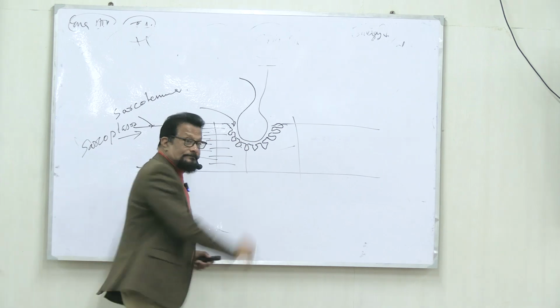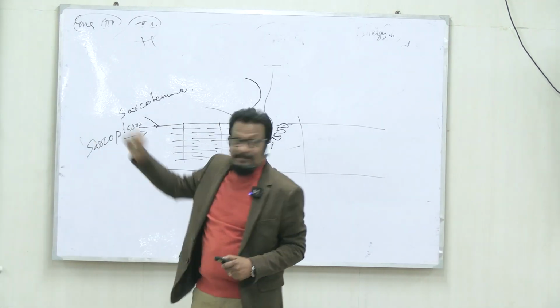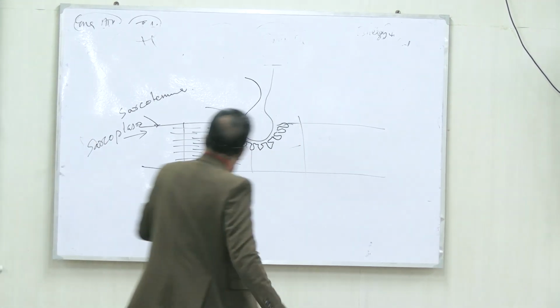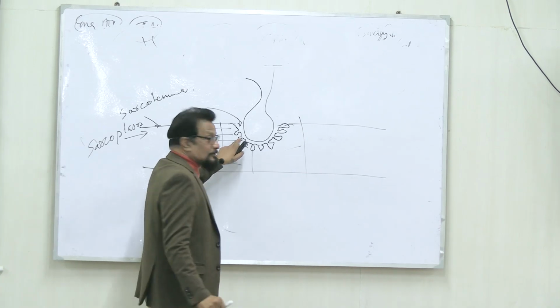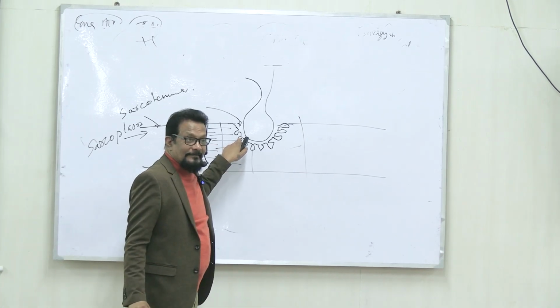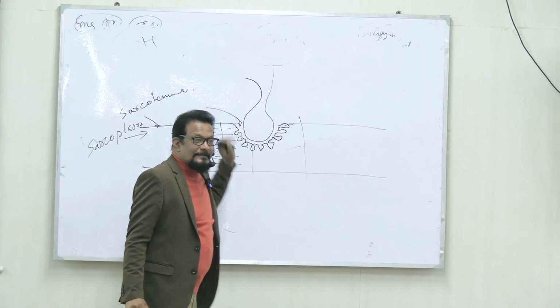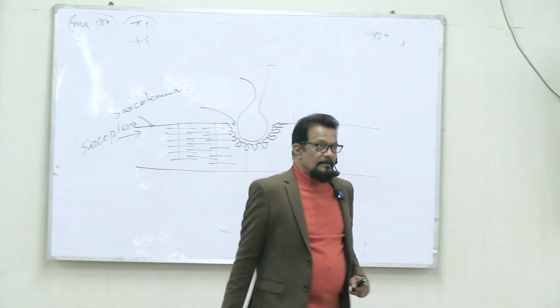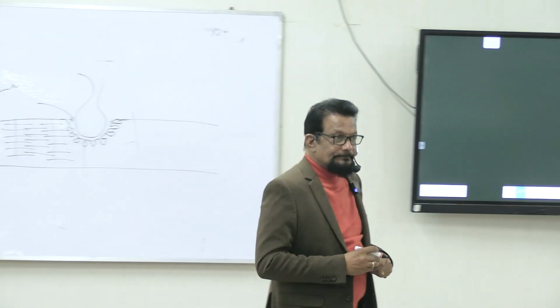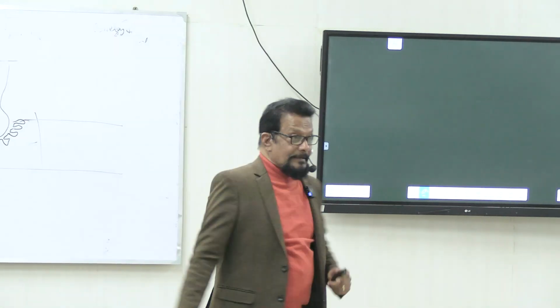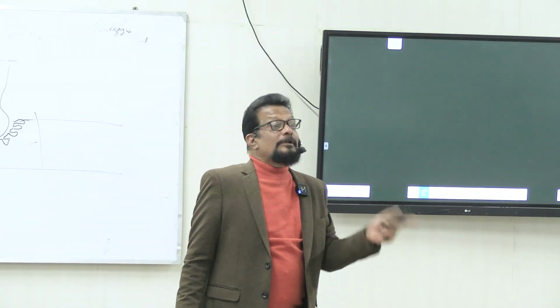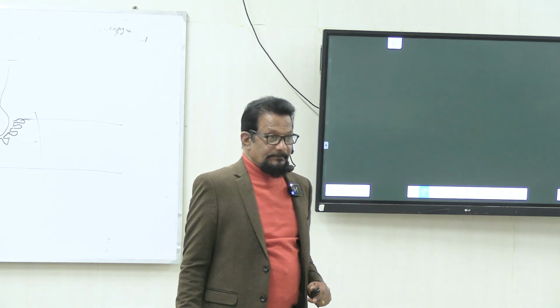This space is called the synaptic cleft. Secondary clefts are also formed here. These are called secondary clefts, and that one is the primary cleft or neuronal cleft.